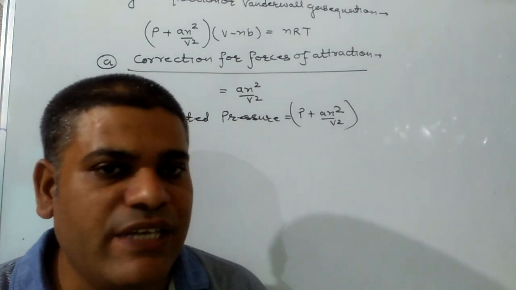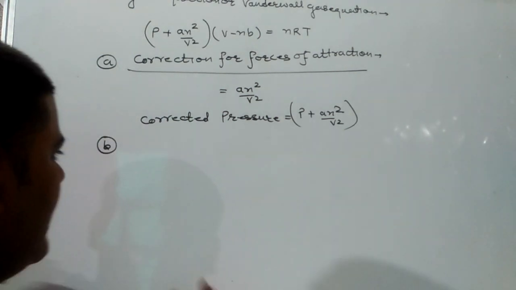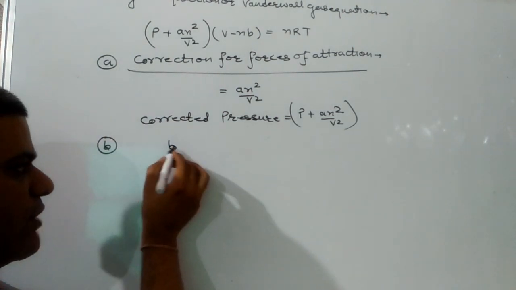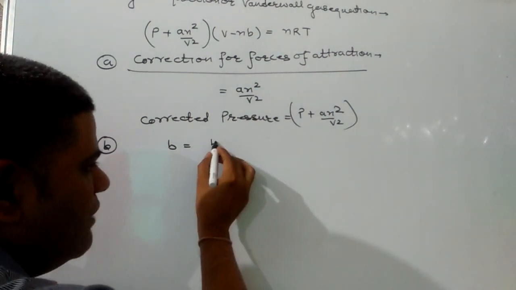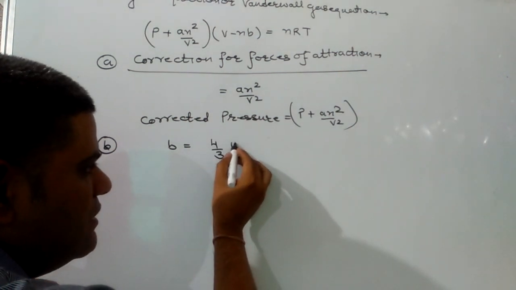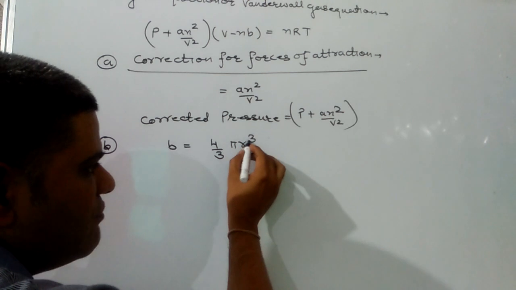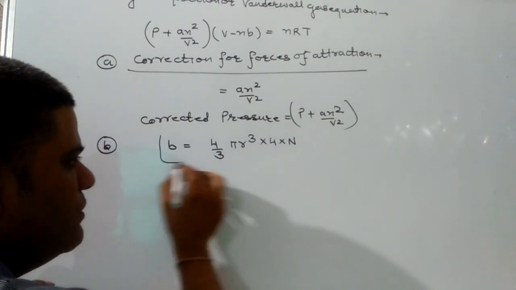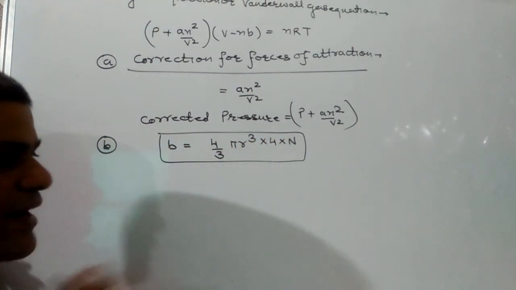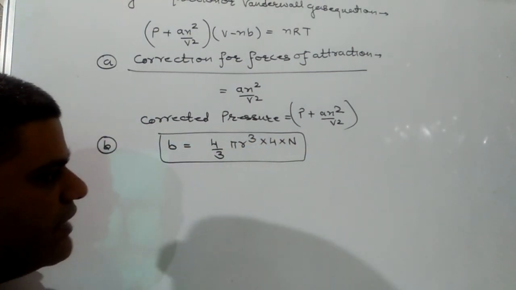So we have to find the excluded volume, denoted by b, and its actual value should be equal to the volume of 4 molecules. So the formula will be 4 times 4/3 πr³ times n, where n is the number of molecules, or Avogadro number, and r is the radius.